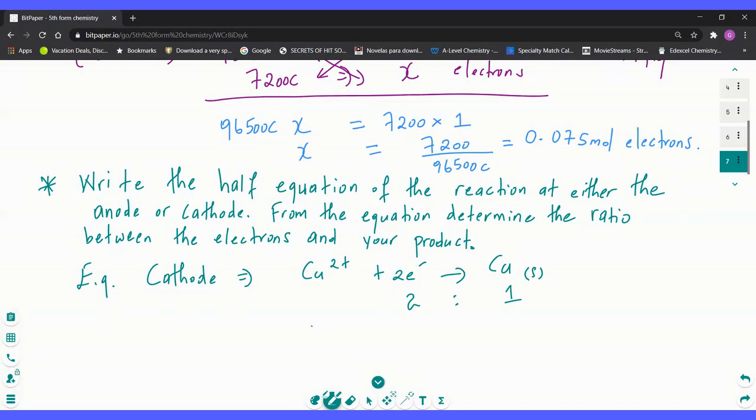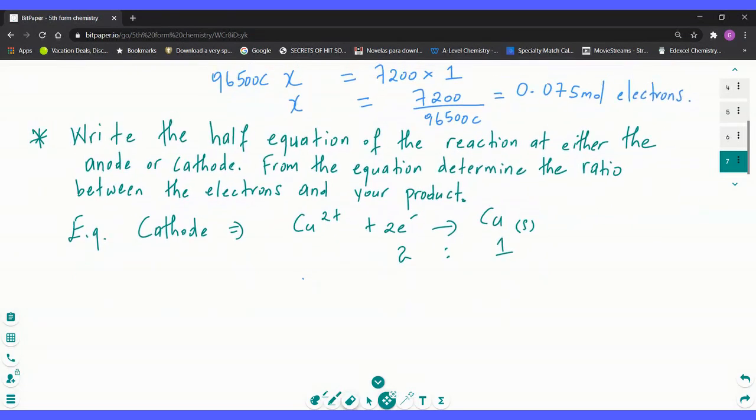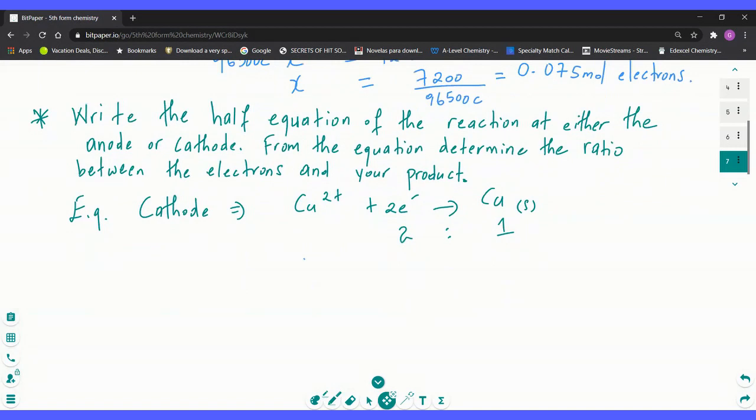So this means that the ratio between my electrons and copper is 2 to 1. What I have done here is see the ratio between my electrons and the product that I'm interested in. 2 to 1. So for every 1 copper, I need 2 moles of electrons if I wanted to form 1 mole of copper, right?